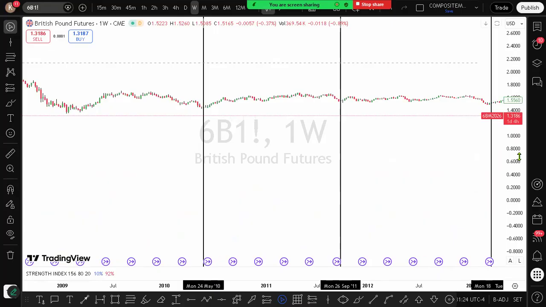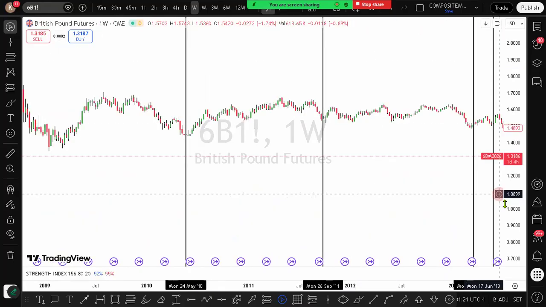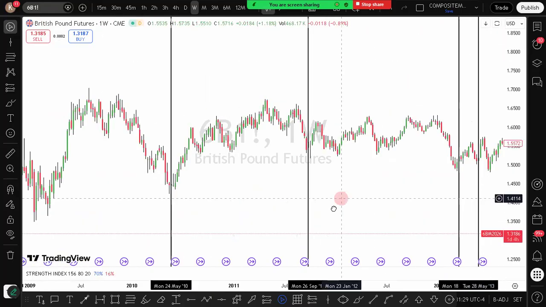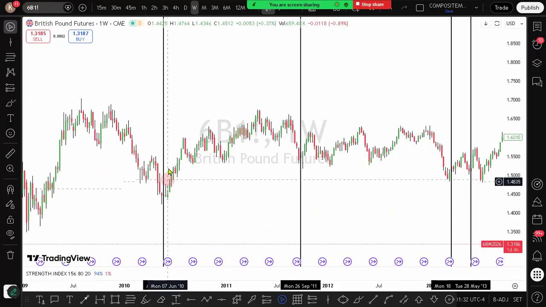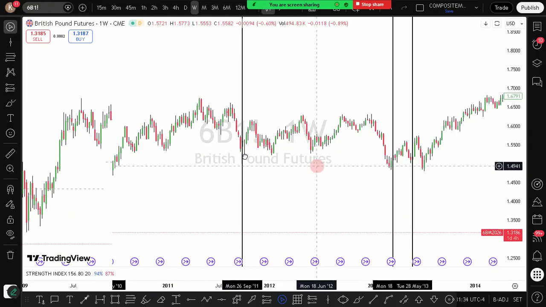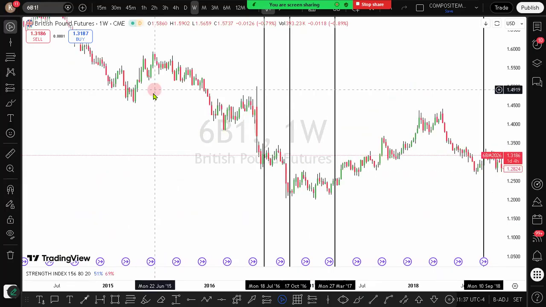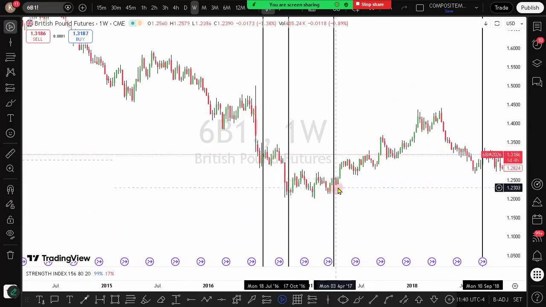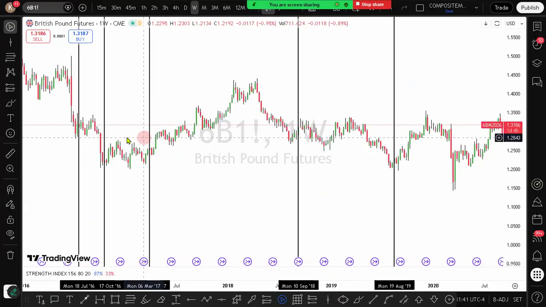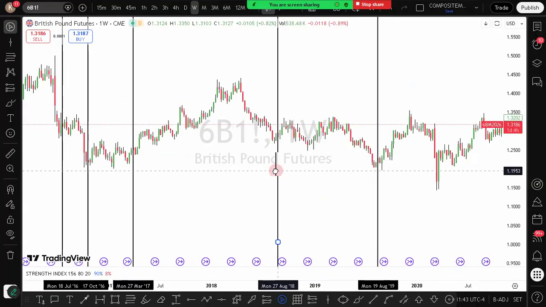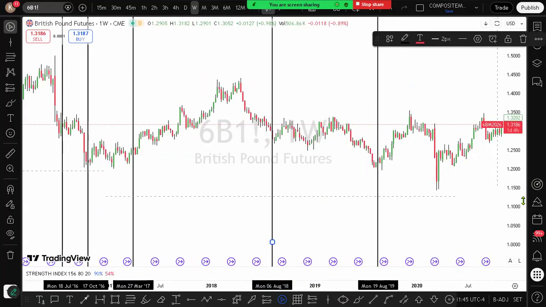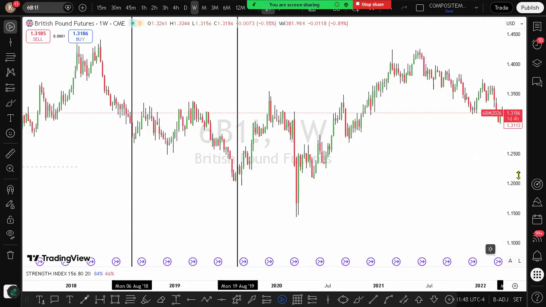I want us to see if the market was buying everywhere we have plotted these lines. And you can see, guys, we got the rally here, rally here, rally here, rally here. Look at that. Here you can see some green candles as well, here as well, here, here as well.